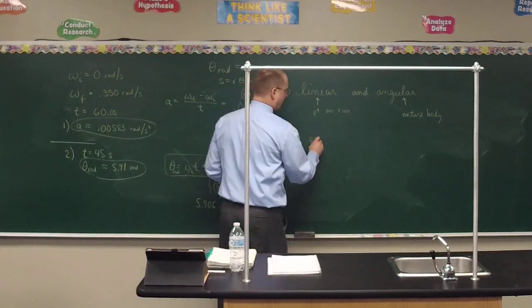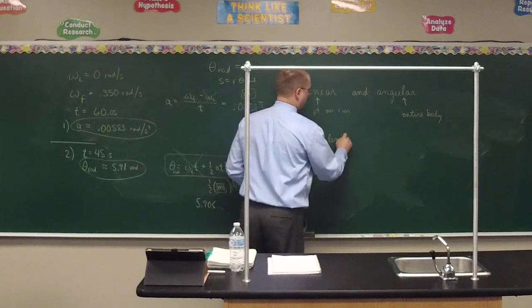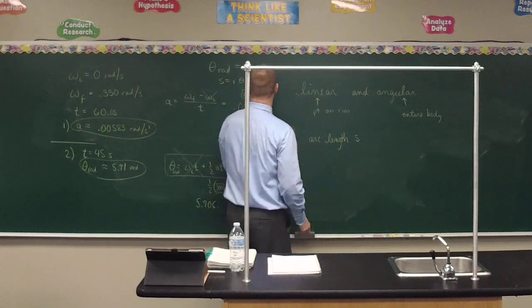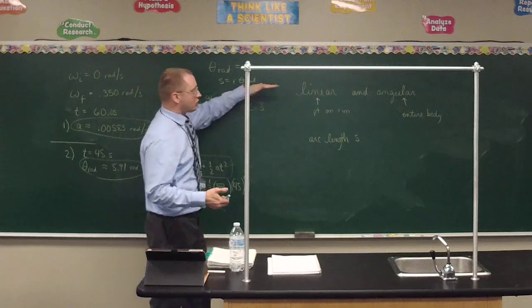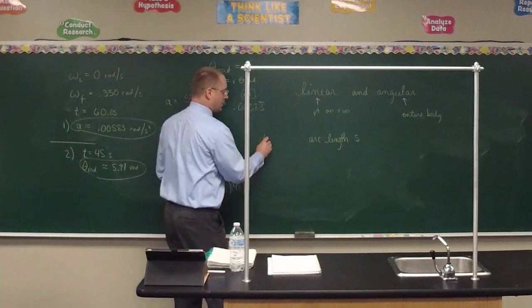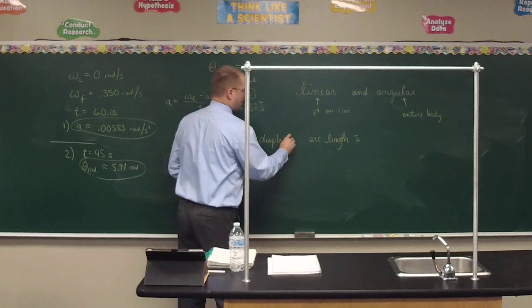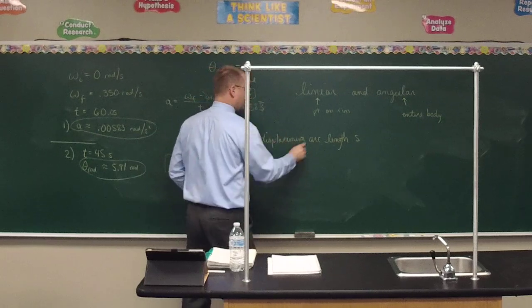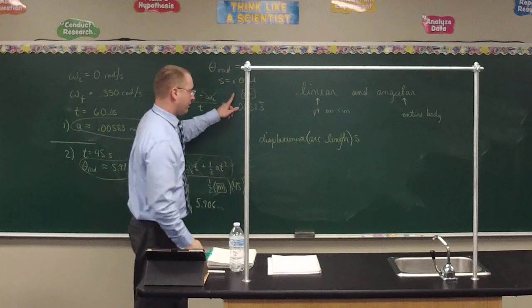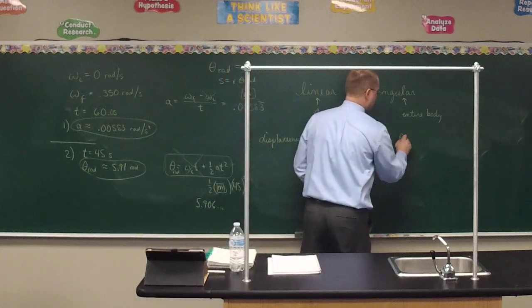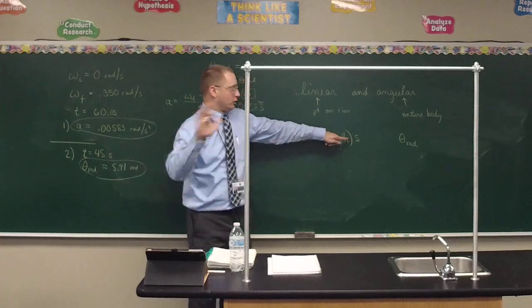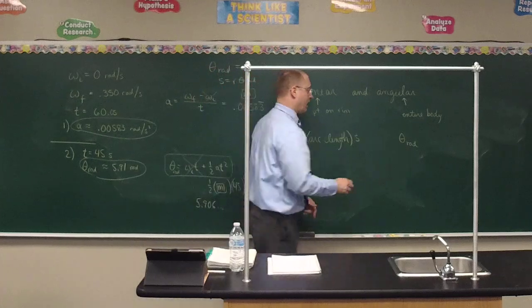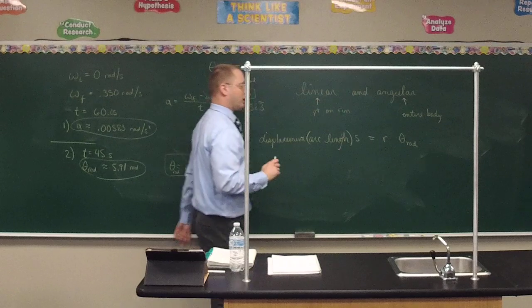So arc length is S. Theta rad is the angular displacement. So linear displacement we call arc length. The angular displacement would be theta rad. The distance an object travels along the arc, the amount that the body has spun, and S equals R theta rad, correct?